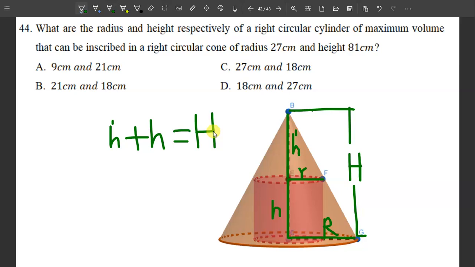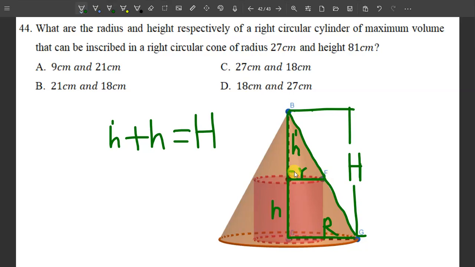And also we know that this smaller triangle and the larger triangle are similar by angle similarity.